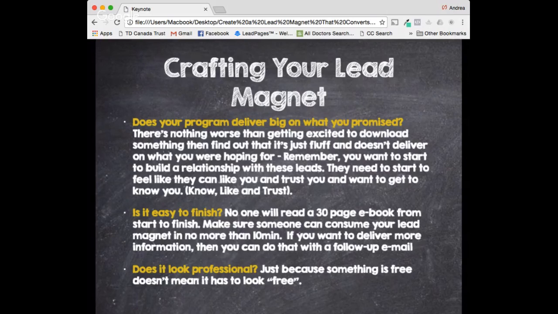The other big thing I find is when people create free stuff, they want to deliver big, so they make it huge. So a 30-page ebook. My goodness, no one's ever going to read 30 pages, especially with the attention span we have now. So make sure it's something your target person can consume in probably 10 minutes or less. If you want to make it go longer, just deliver more pieces of it over a longer period of time.